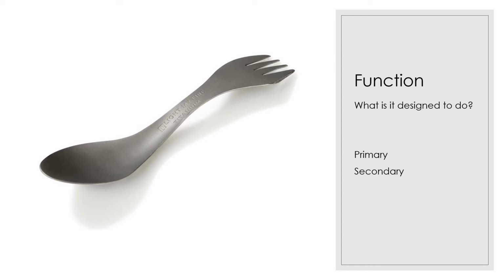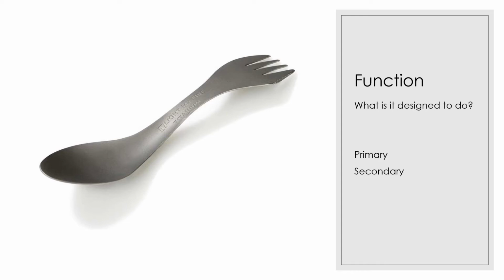Had I put a picture of a spoon there, or just a fork, then you might have said, well, that's much easier because it's got less functions, less jobs to do. When we're talking about function, we generally split it up into the main job it has to do, and then any secondary functions, the additional jobs that it would have to do, but it might not be the main purpose of the product.